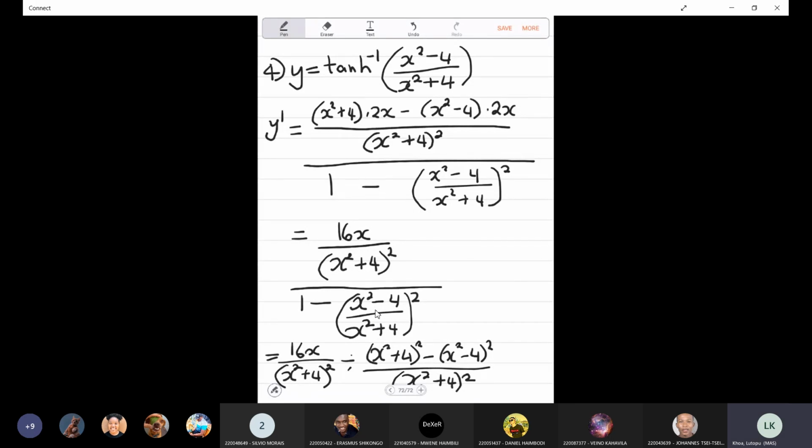Okay, and then the division changes to multiplication, and you write the reciprocal of this function.